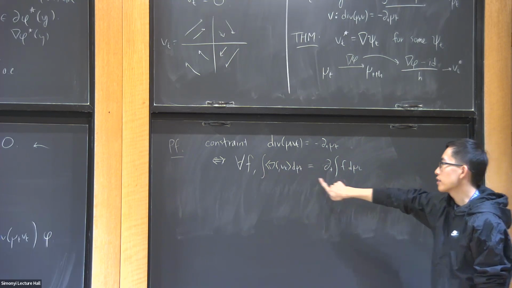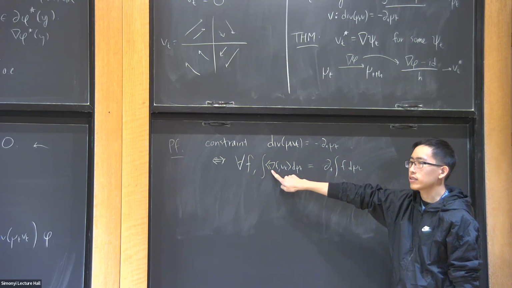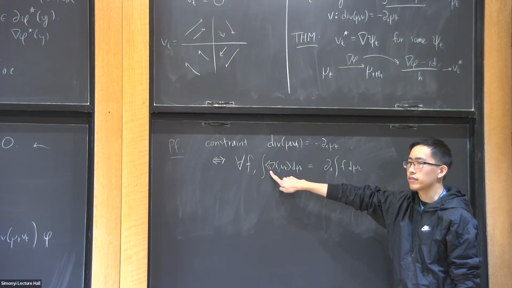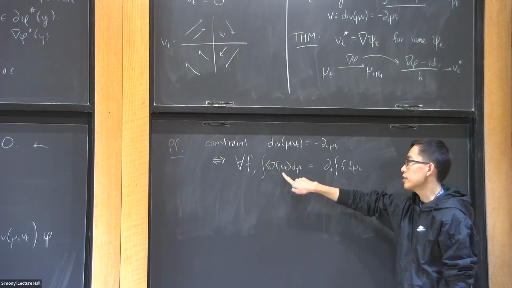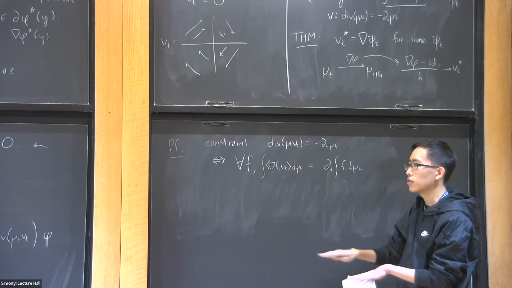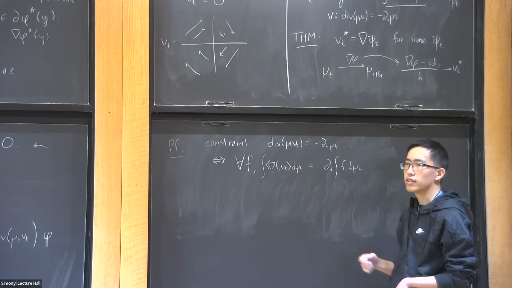Now the point is, look at the left-hand side. There's always a gradient of a function, so vt only acts upon gradients of functions. What that means is I could take the orthogonal projection of vt onto the space of gradients of functions with respect to this inner product.